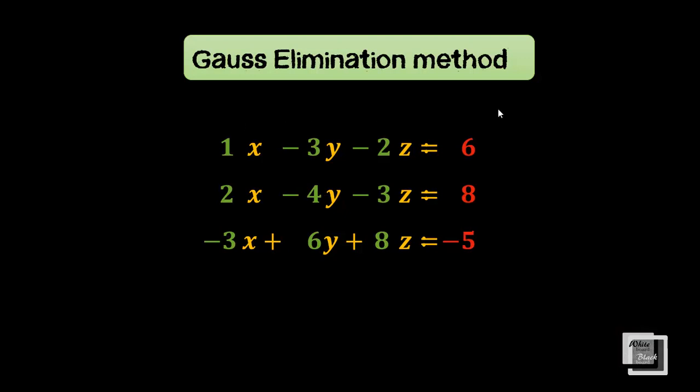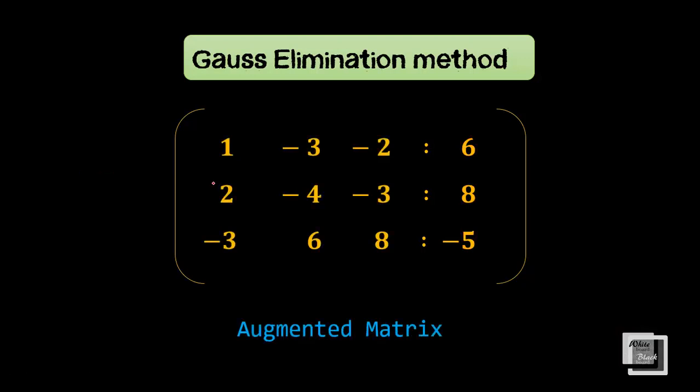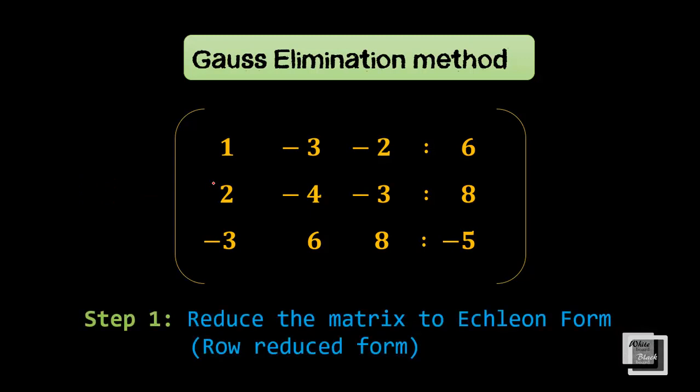So first of all, we will write this equation in the form of augmented matrix, which will be like this. The first step of the Gauss elimination method is to reduce the system of linear equation in the row reduced form.